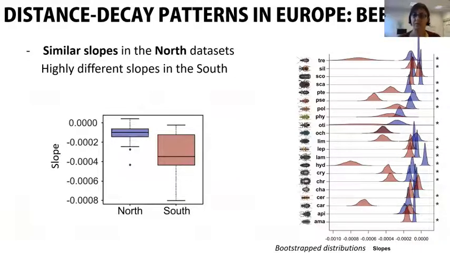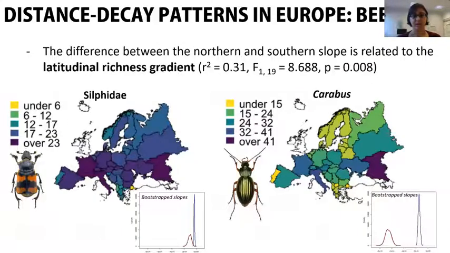Okay, so the north is flatter than the south, but also quite similar among groups. We also observed that this difference in the slopes between the north and the south was correlated with this richness gradient. So we were quite on track, this is going to be historical dispersal limitation.